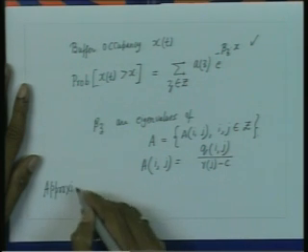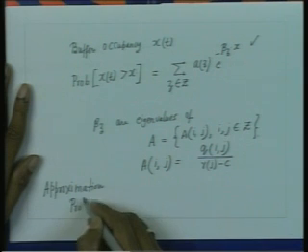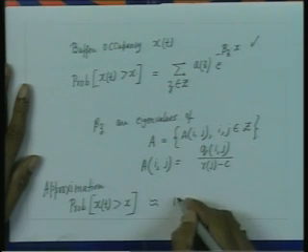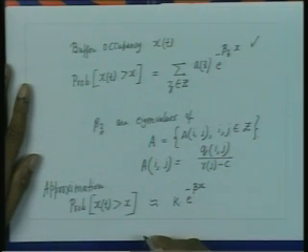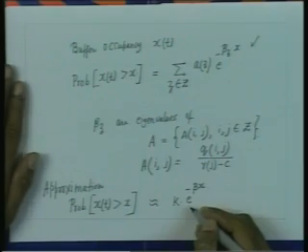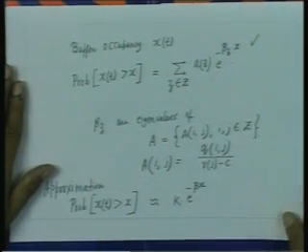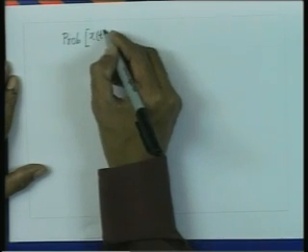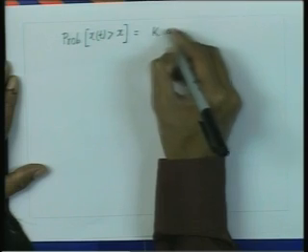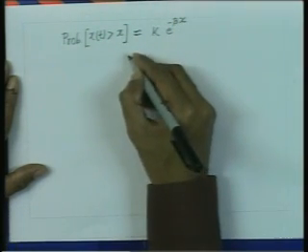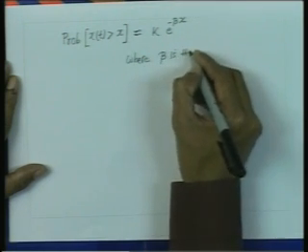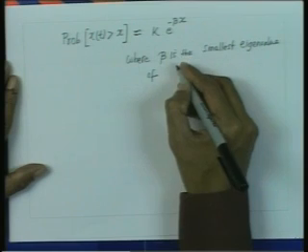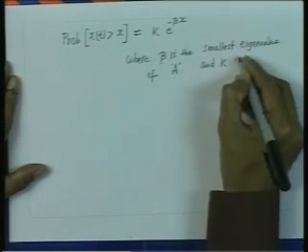So we say, let us approximate this buffer occupancy distribution: the probability that xt is greater than x is approximated by k into e raised to power minus beta x, where beta is the smallest eigenvalue of this matrix A, and k is the corresponding coefficient.